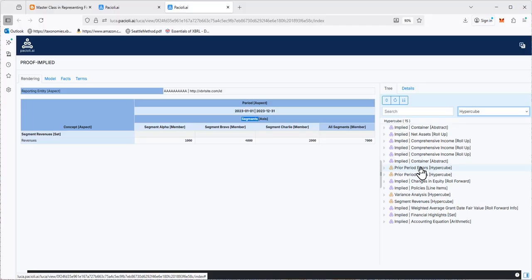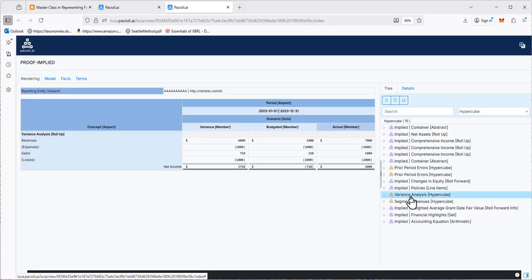Anybody could have a prior period error. Anybody could have, this is basically a difference between a budgeted number and an actual number. Could be a forecasted number, but you can have a variance or a difference.